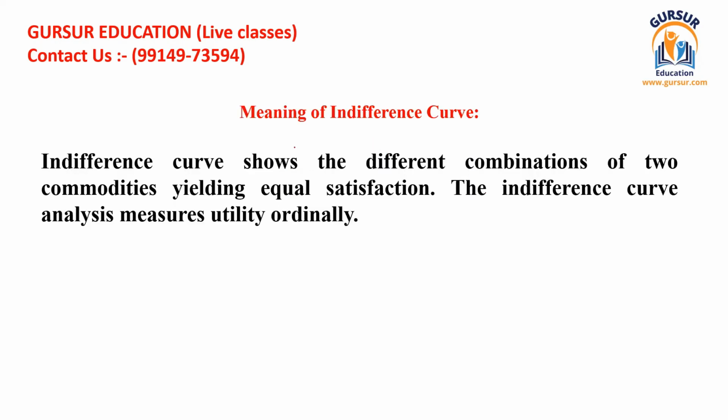An indifference curve is a curve. When we talk about a curve, it simply means whatever we can draw on a graph. A curve shows us the different combinations, or the different points, of commodities. Here is the OX axis, here is the OY axis.